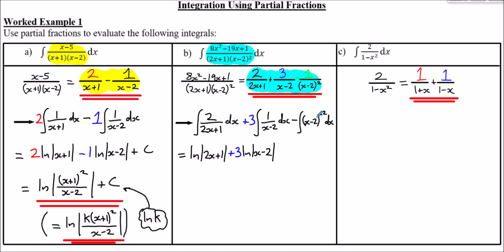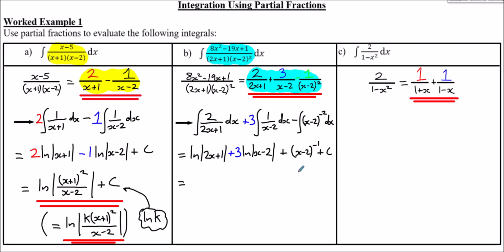But because there's already a minus on the outside of the integral, we're actually going to get plus 1 lot of x minus 2 to the minus 1. So it's going to become x minus 2 to the minus 1 plus some c.